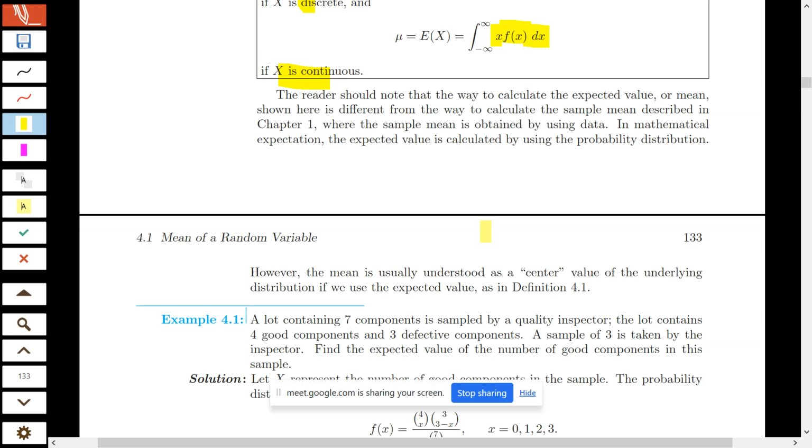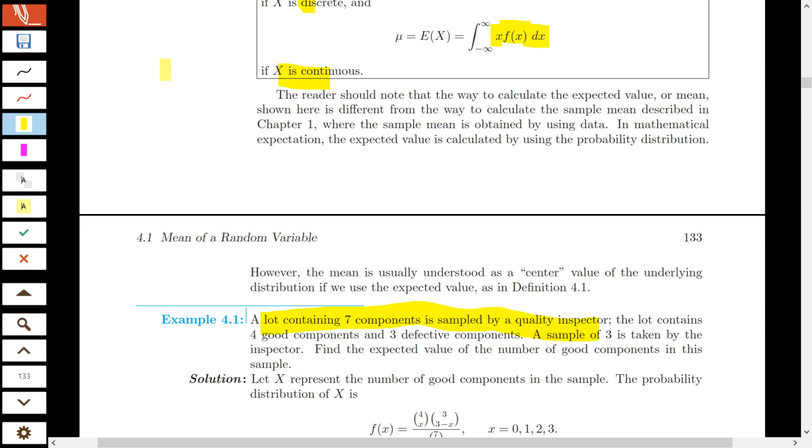So let's say I have this question: a lot containing 7 components is sampled by a quality inspector. The lot contains 4 good components and 3 defective components.